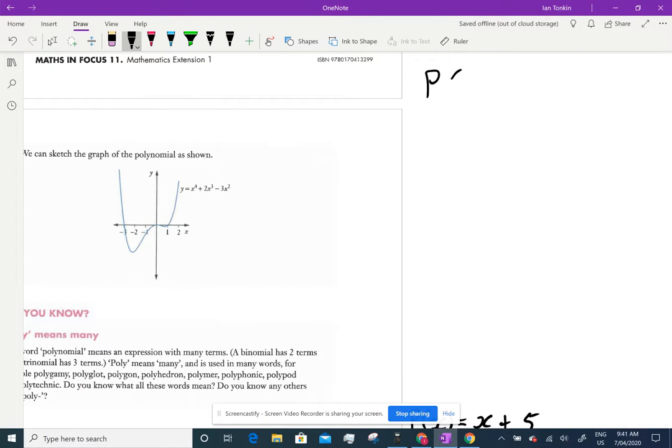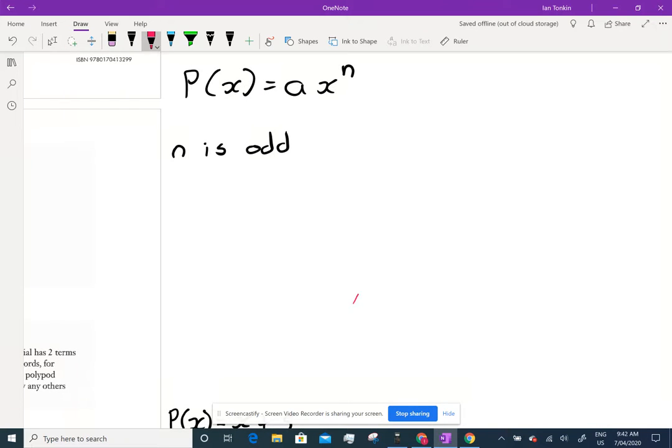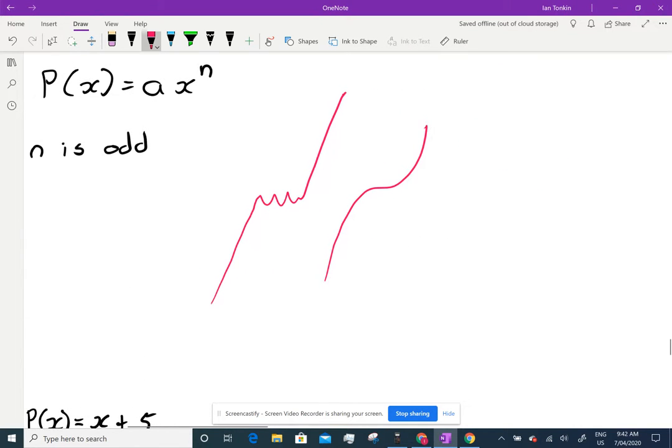So if you've got p of x and you've got ax to the n, if n is odd, like a cubic, like a 3 or a 5 or a 7, the polynomial will look something like that. It depends on the number there. So if it's a cubic, if n is 3, we already know it could look like that. Or it could have 2 lumps.